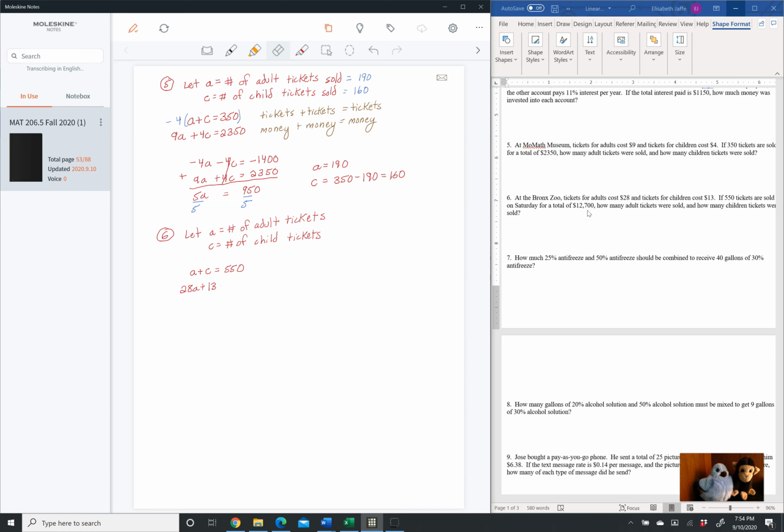So C is equal to 550 minus A, which means we have 28A plus 13C, C is 550 minus A, is equal to 2800.